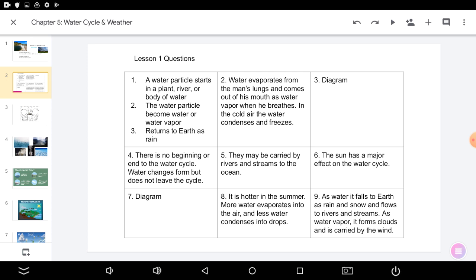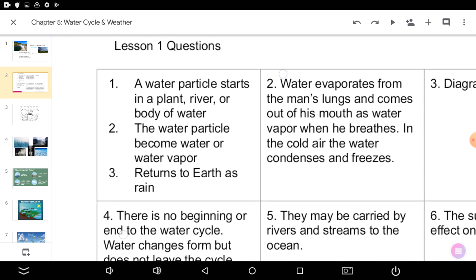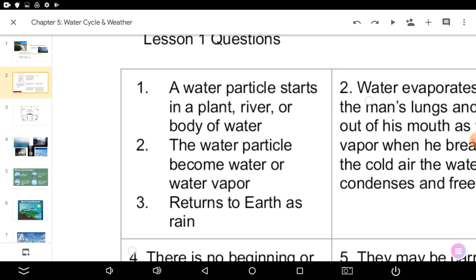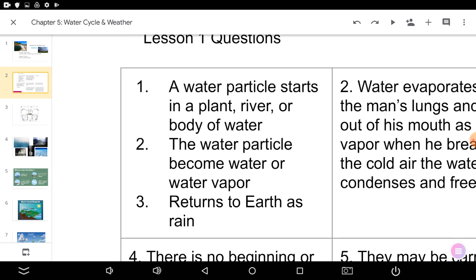If you missed it, fix it completely. Number 1 in the text said a water particle starts in a plant, a river, or an ocean, or a big body of water. So the first step is that a water particle starts out in a plant, a river, or an ocean is what the book actually said.